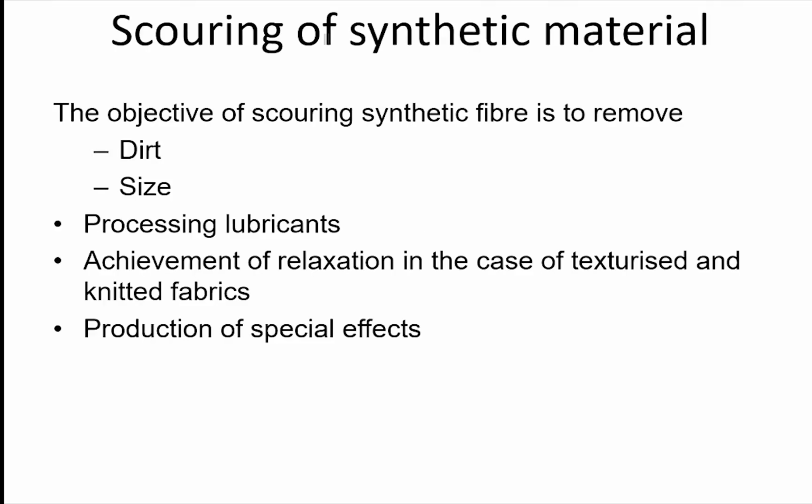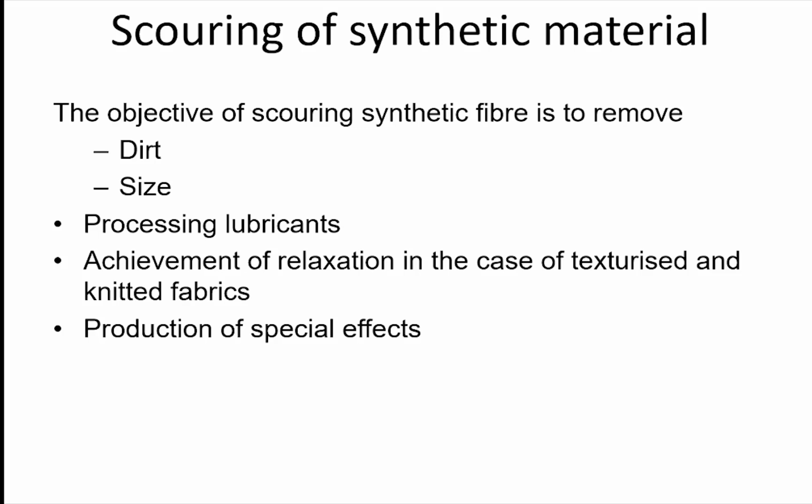And scouring of synthetic materials. Normally, synthetic material doesn't require scouring because it is a man-made fiber, so whatever quality you want, you can manufacture. But in some cases, you have to remove impurities. For example, if you take PC blended fabric, you have to scour the polyester also.